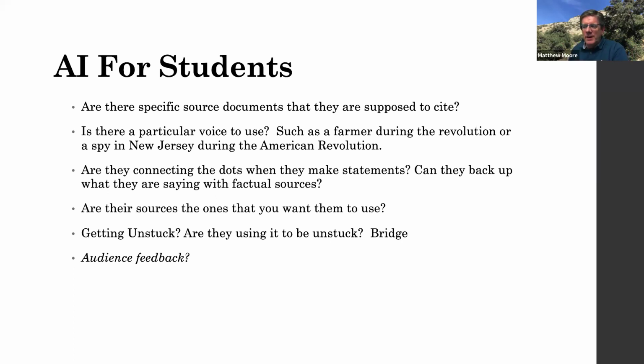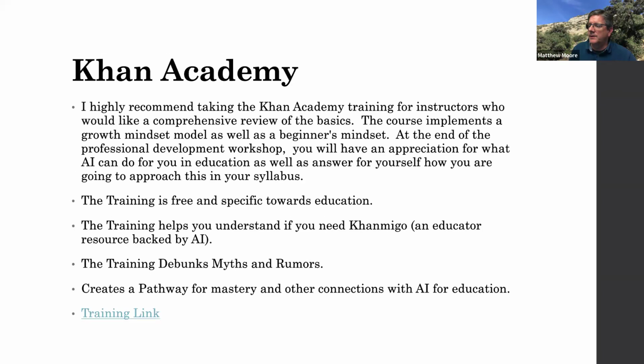But if you know some things that we could add to this list, just let me know, because you've got to figure out how you're going to use AI in your classroom. Okay, so that's the way we can address some of these issues.